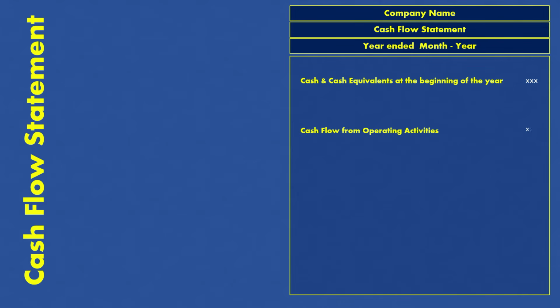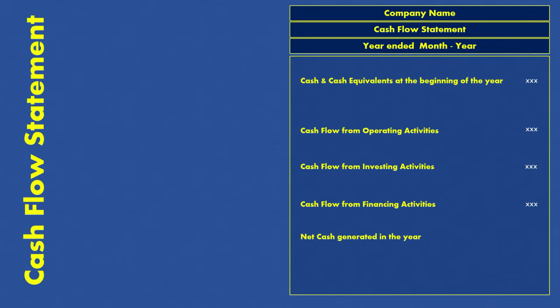Then we present the cash flows from operating activities, then from investing, then from financing, and finally we add operating, investing and financing to reach the net cash generated in the year. Then by adding the opening cash to the net cash generated in the year, we reach cash and cash equivalents at the end of the year.